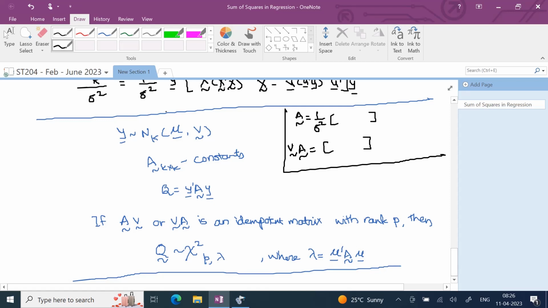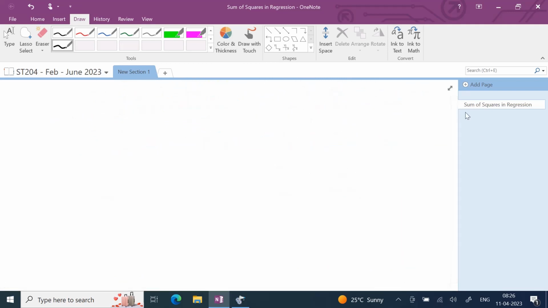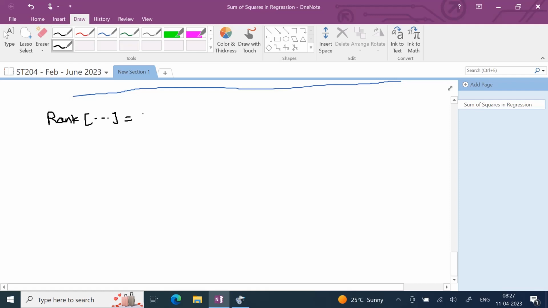Okay. For that, now for getting degrees of freedom, I will need rank of this A. So let us consider rank. Now since this is an idempotent matrix, rank is basically equal to trace. That is a property that you studied in linear algebra. So let me see if I can consider trace so that I can get rank. So what we know is rank of that big matrix is equal to trace of that same matrix.